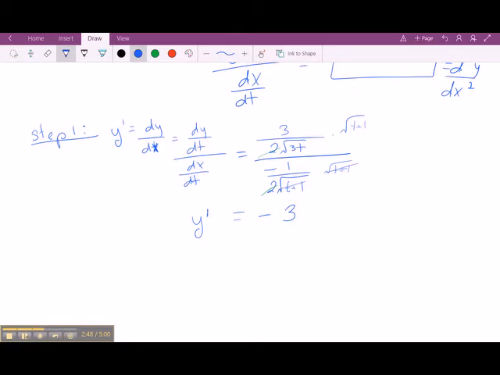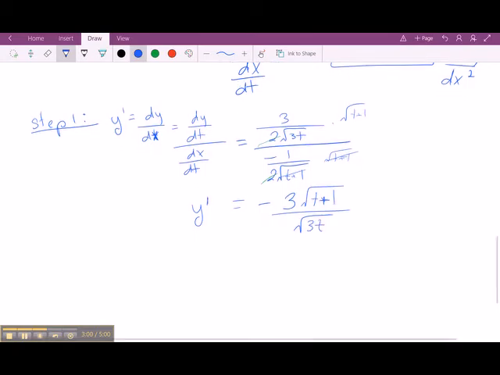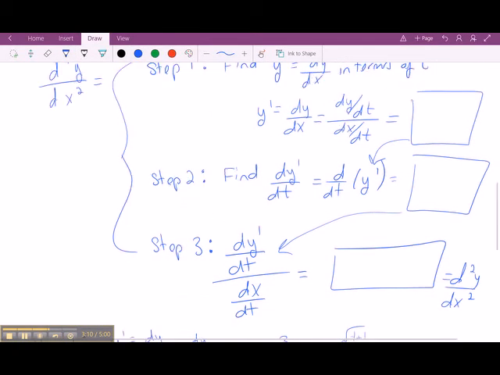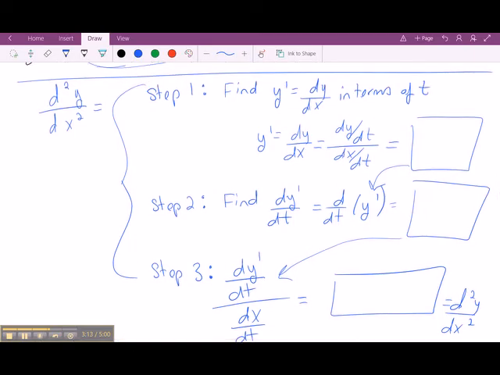So we'll have negative 3 times square root of t plus 1 over the square root of 3t. And I think I would leave that there. There's some minor simplifying that we could do with these 3's here, but I don't think I'm going to worry about that right now.